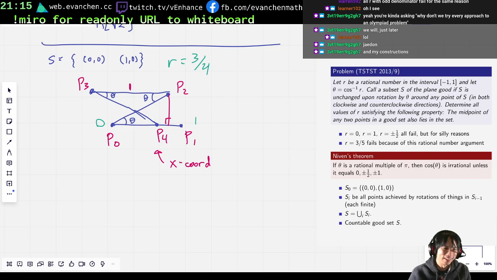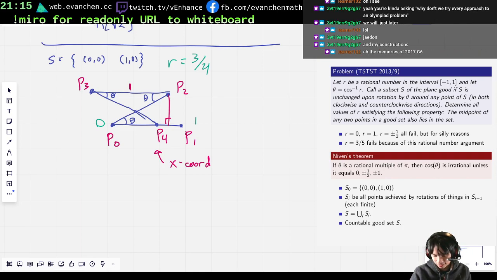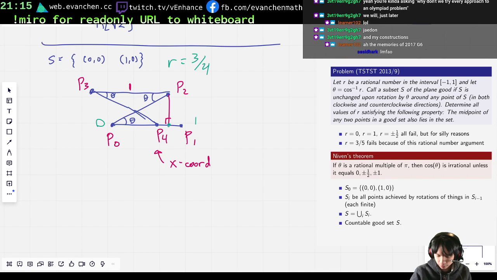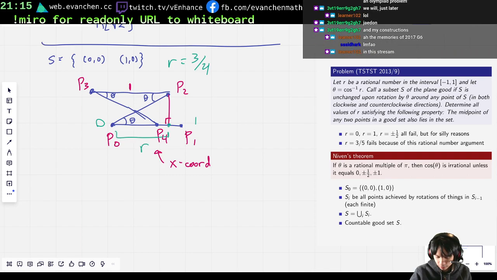Okay, anyways. Yeah, so hang on. I'm bad at geo. This is not 1 minus r, right? Like this is r. And oh, it is 1 minus r.